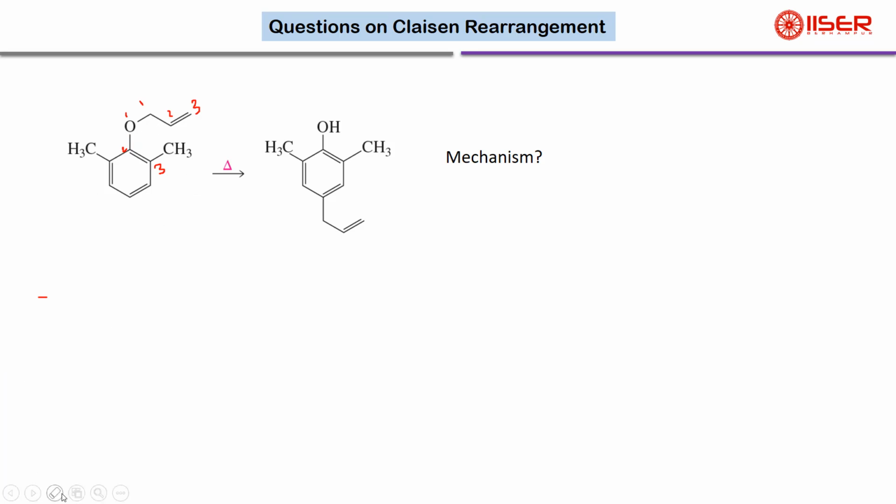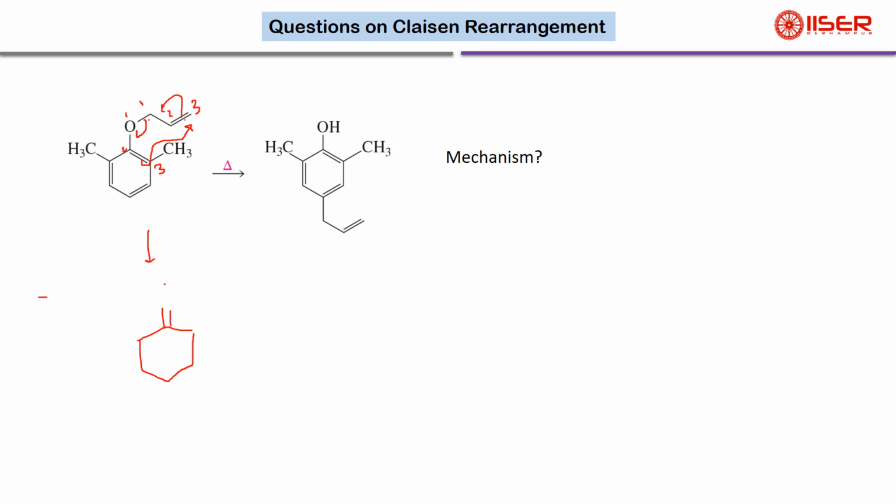This undergoes a simple aromatic Claisen reaction. So the product will be, from the first instance, this.